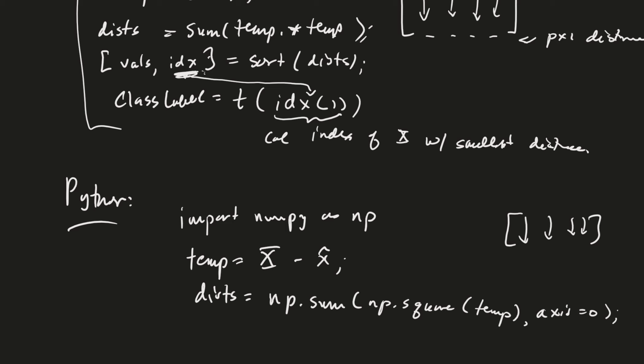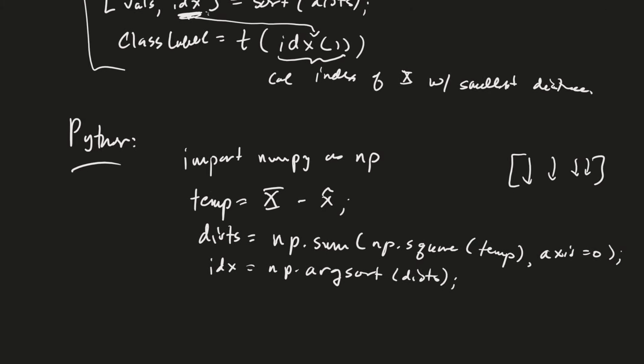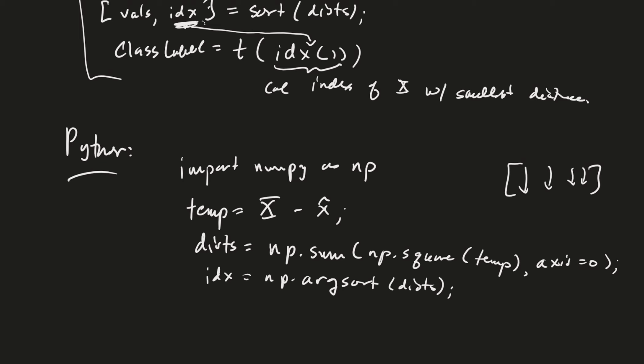Then of course we just do the same thing we did before to get the index. The index for the sort is argsort, argument of the sort, and then we take our distances. Then of course the class label will be the first one of those.